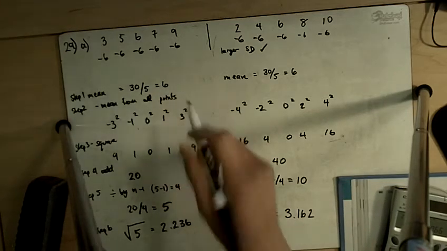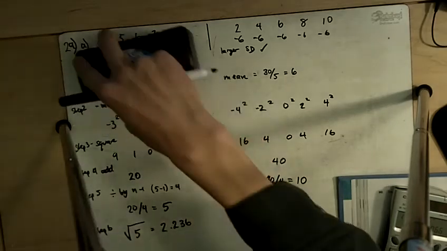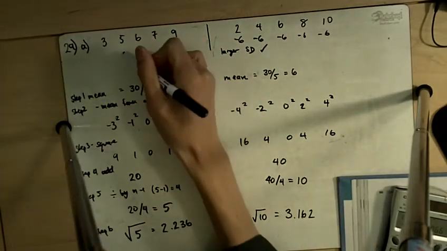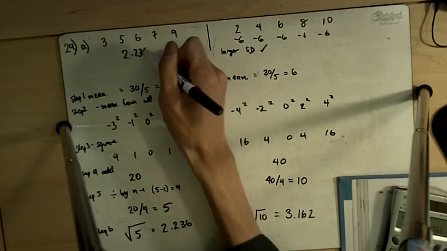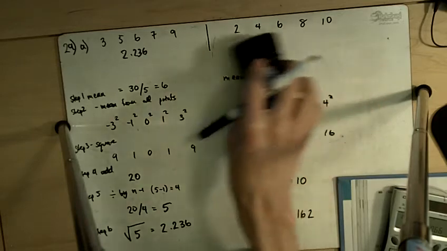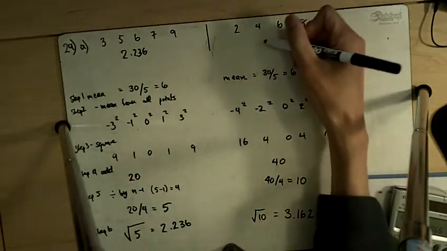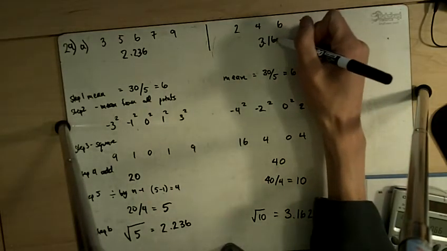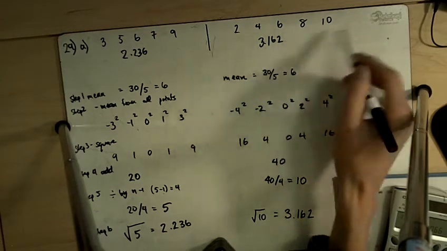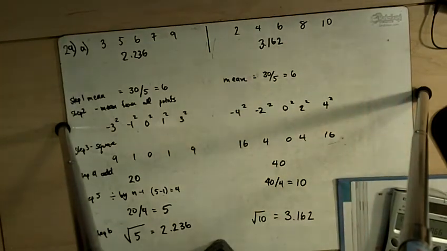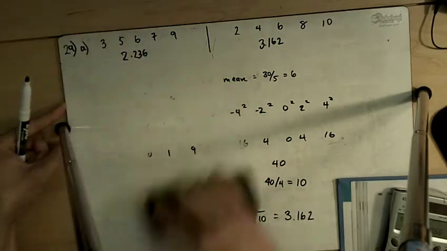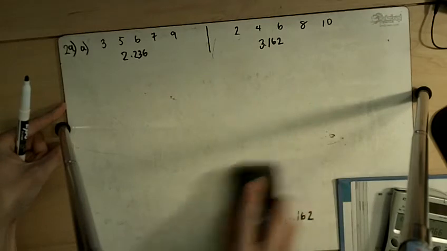So here, for set A, the standard deviation is 2.236, and over here the standard deviation is 3.162. So indeed, the second set has the larger standard deviation. All right, so that's part A.